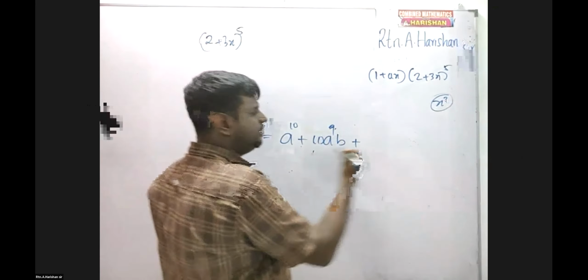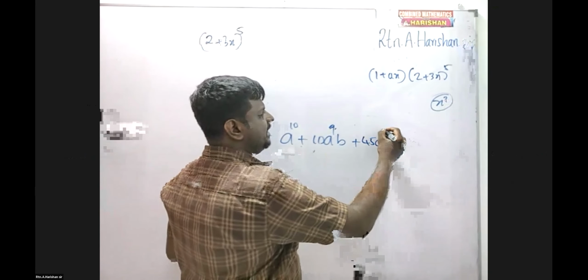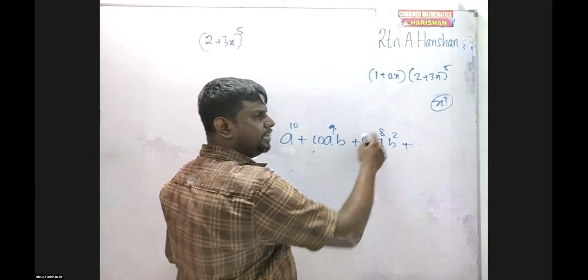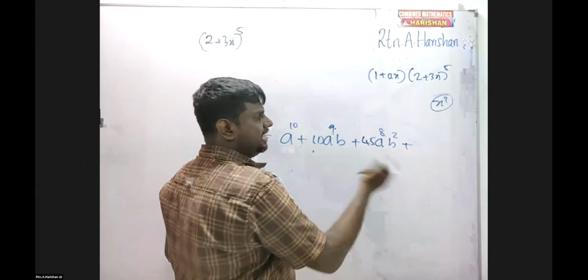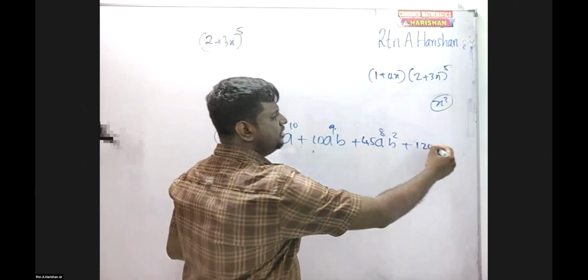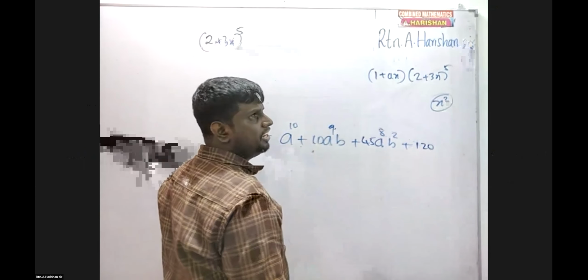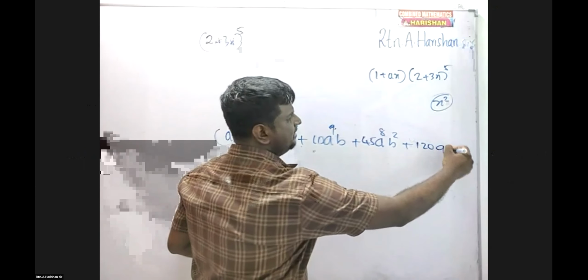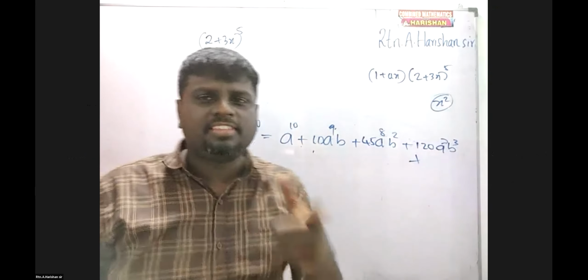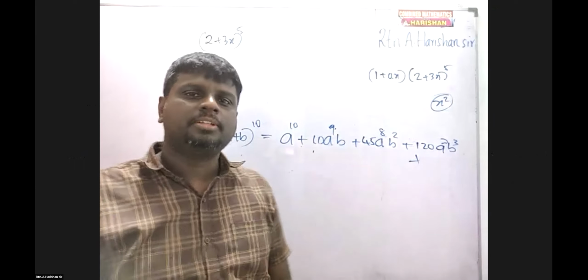So 90 divided by 2 is 45, a to the 8 b squared. Then the next one, this is the third, so you multiply these two and divide by 3. 45 into 8 is 360, divided by 3 is 120. So 120 a to the 7 b cubed. Likewise, you can easily write the expansion. Yes or no, guys? Do you understand?